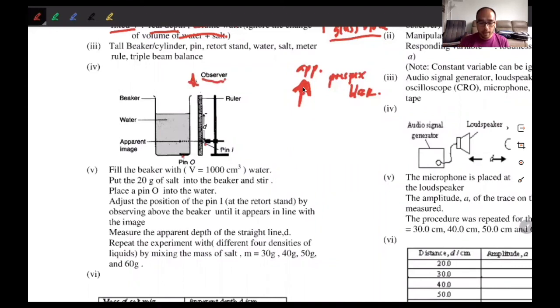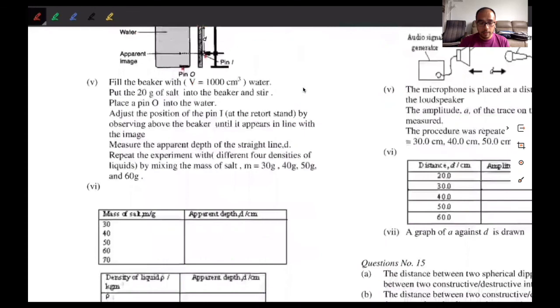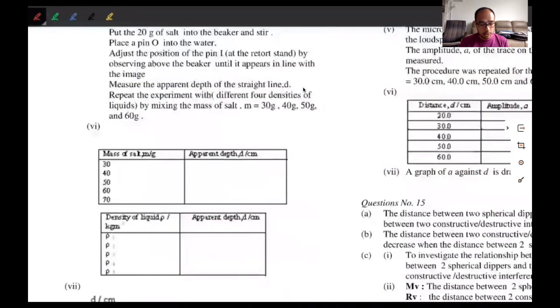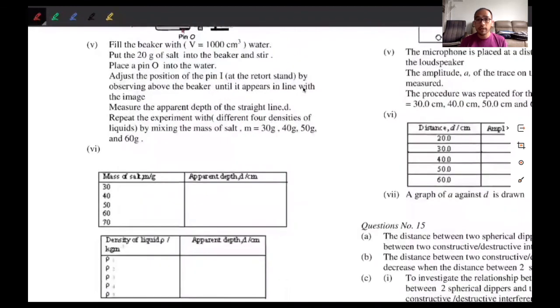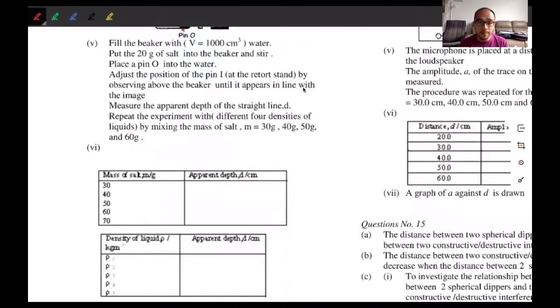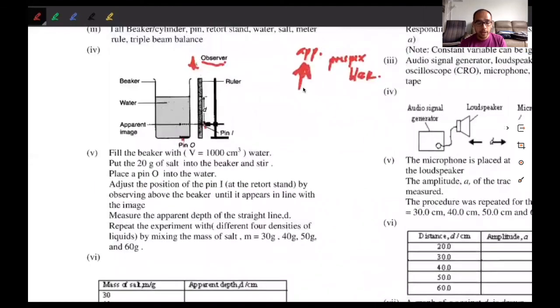Now let me stop here for a while. Sorry, this is part 2 of this one. If you want to take a screenshot, take it now. 4, 3, 2, 1. So these are the steps. You fill the beaker with 1000 cm of water, 1 liter of water.